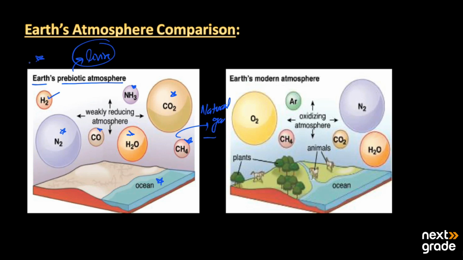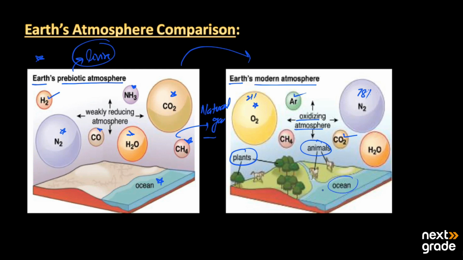On the other hand, as it changed, we have the Earth's modern atmosphere that is present now. The composition of air is mainly nitrogen 78%, oxygen 21%, and other gases such as argon and carbon dioxide. It is an oxidizing atmosphere. There is the production of animals and plants.